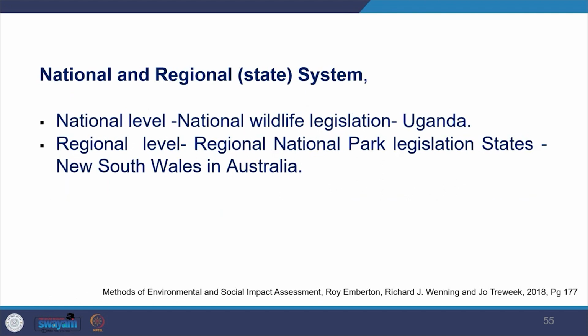You also see that countries, as per the policy and mechanism, also adopt a national and regional, it could be state, system, and wildlife legislation can occur both at the national and the regional level. For example, at the national level, you can see the national wildlife legislation of Uganda, and at the same time at the regional level, the regional national park legislation of Australia, for the state of New South Wales.